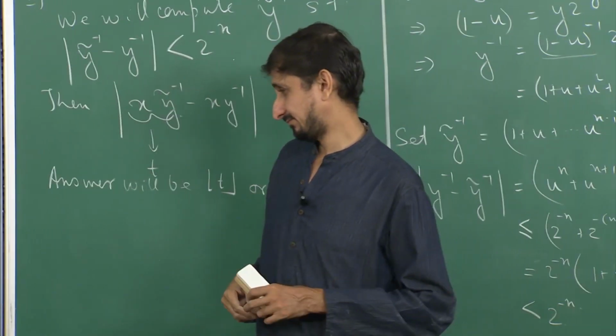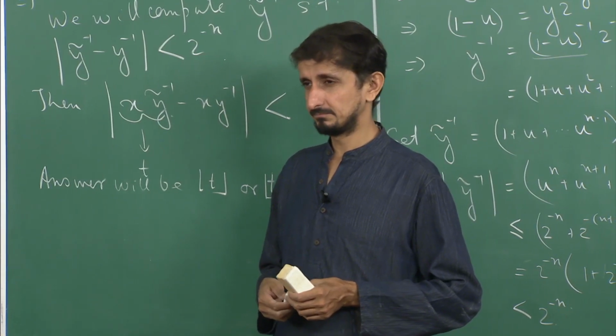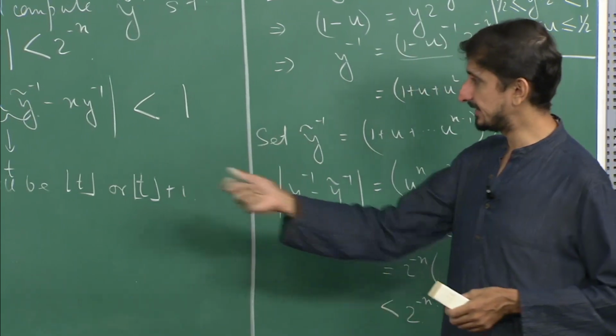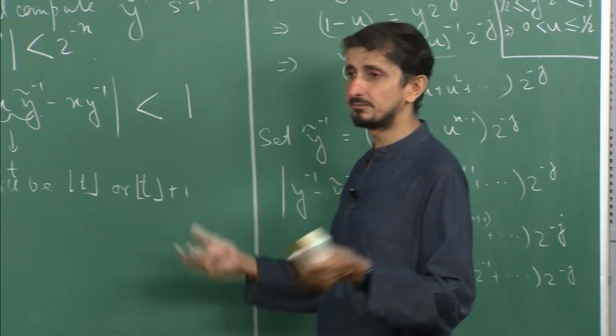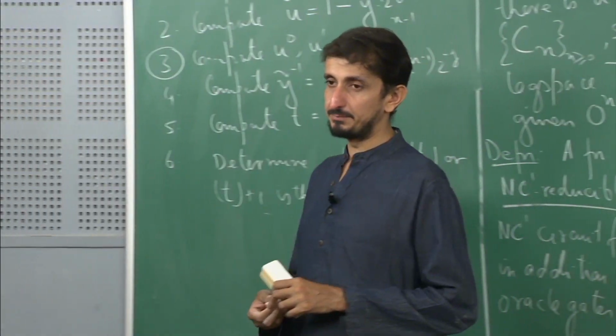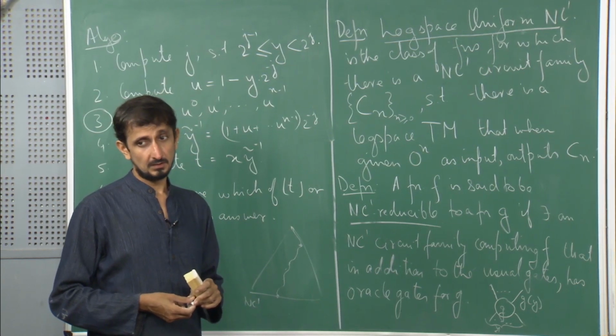It can be n, yeah, it can be n. In fact, here it is taking u now. So this gate G is taking u. A u is itself an order n bit number, because it depends on y. Y is an n bit number.